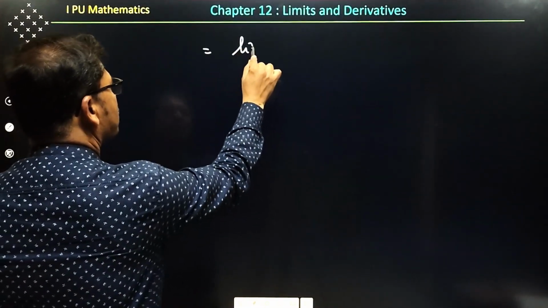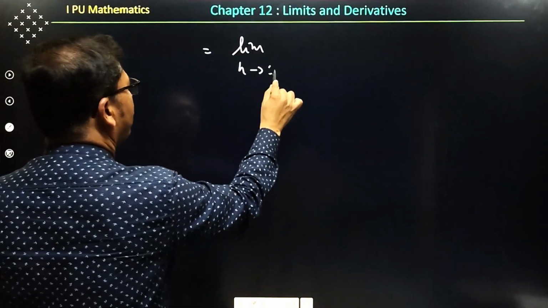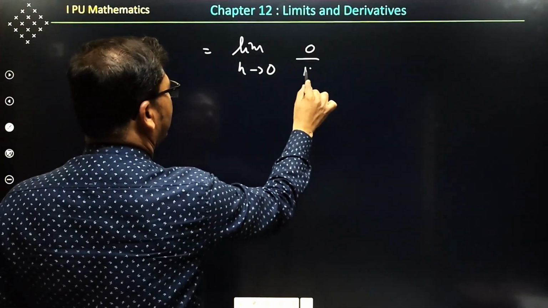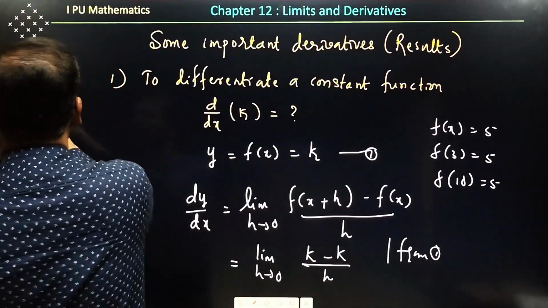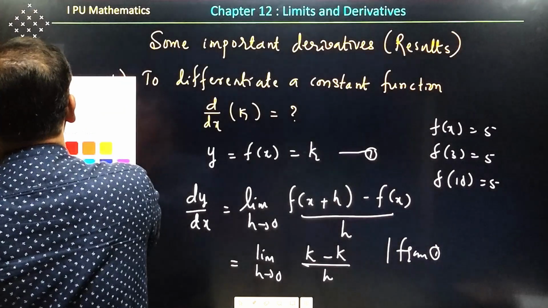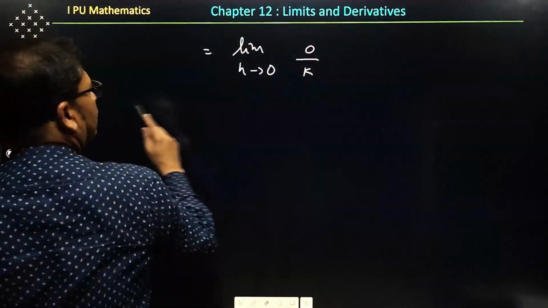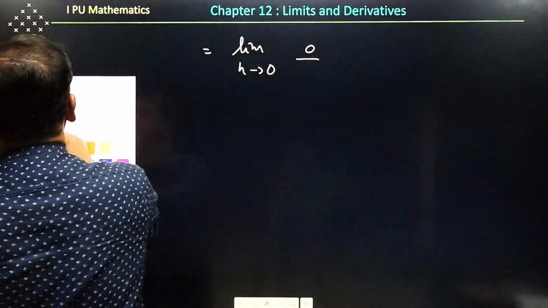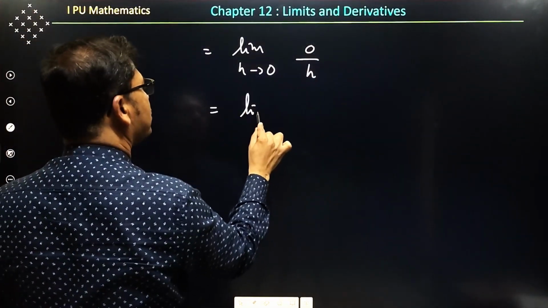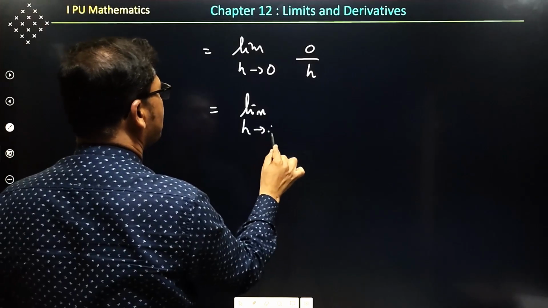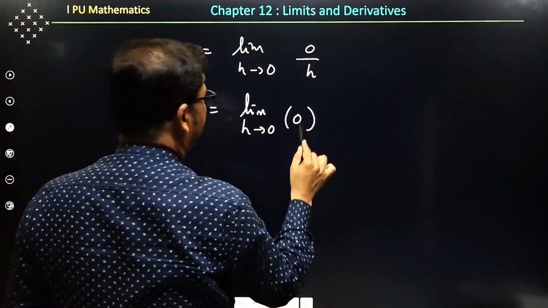Limit h tends to 0, k minus k is 0, 0 divided by h here. So 0 divided by h is equal to what? Limit h tends to 0, 0 divided by h is 0 only.